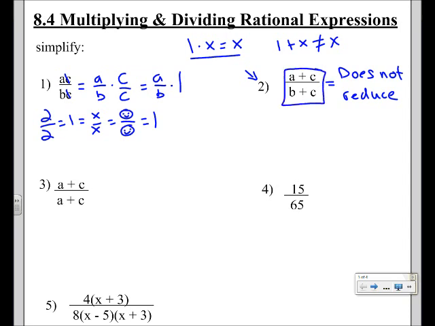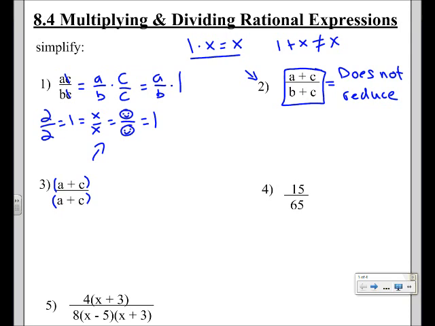All right, let's move down to number 3. Now that we've just been talking about how we can't cancel things if there are pluses or minuses involved, now we've got something like this. I'm going to go ahead and put parentheses around this to hopefully help you see what's going on. We've got the quantity A plus C over the quantity A plus C. Well, these two quantities are exactly the same, right? We learned up here that as long as we have the exact same thing on top and on bottom, they're going to cancel.